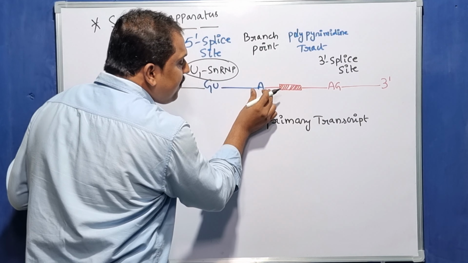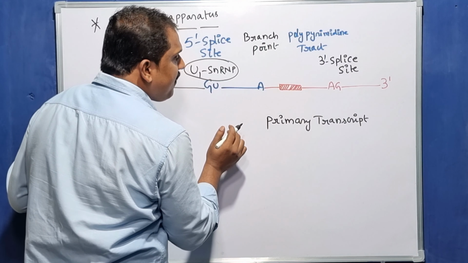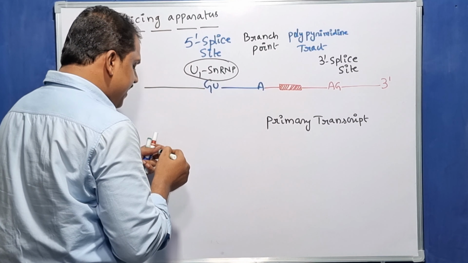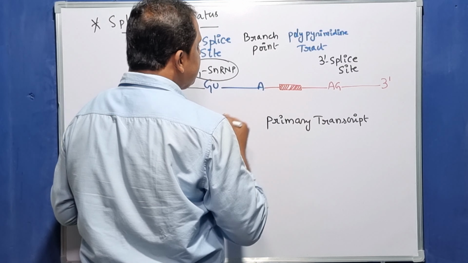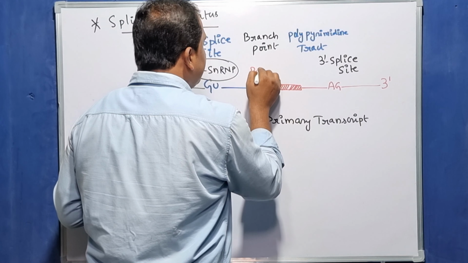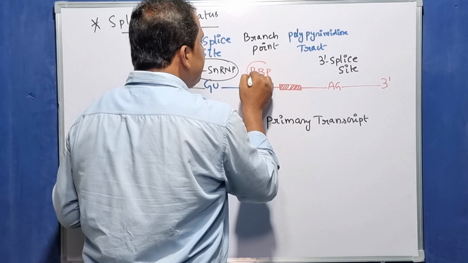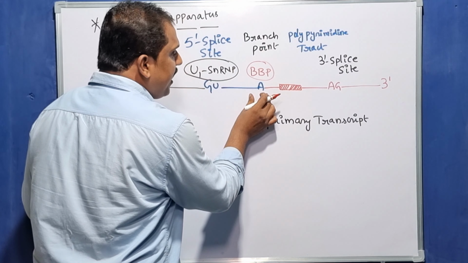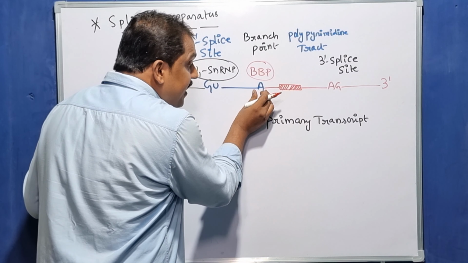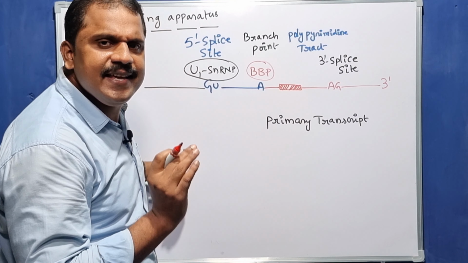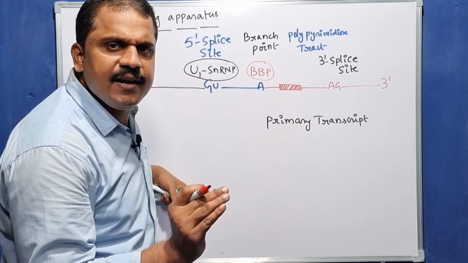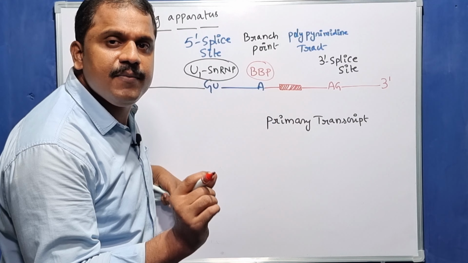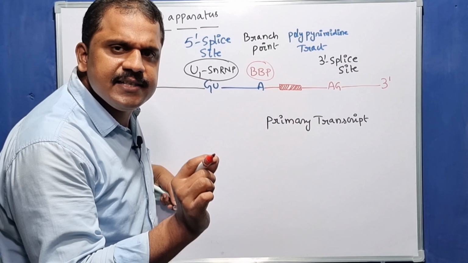To the branch point adenosine nucleotide, a specific factor which is nothing but branch binding protein successfully recruits here. After the recruitment of branch binding protein to the adenosine nucleotide, very adjacent to it there is the polypyrimidine tract. To the polypyrimidine tract, a specific factor which is nothing but the U2AF factor successfully recruits there.